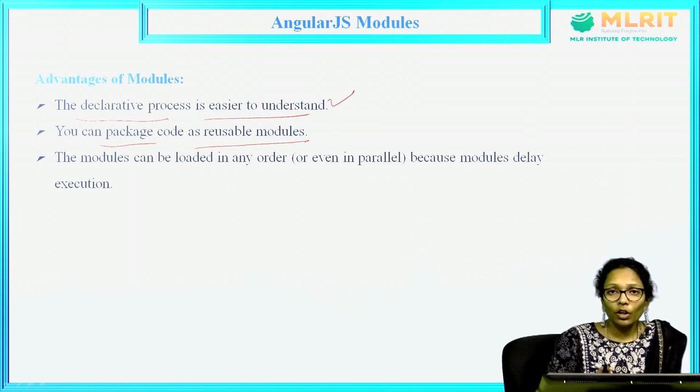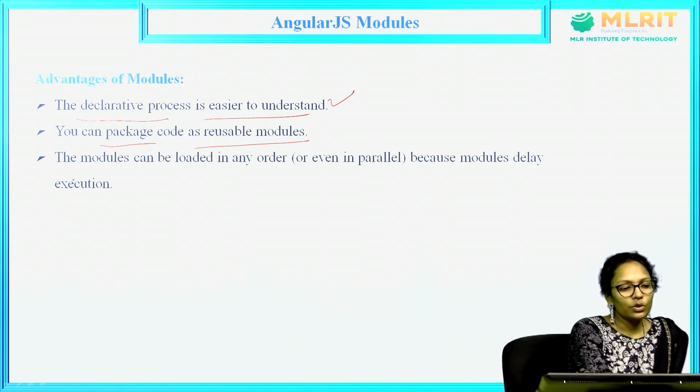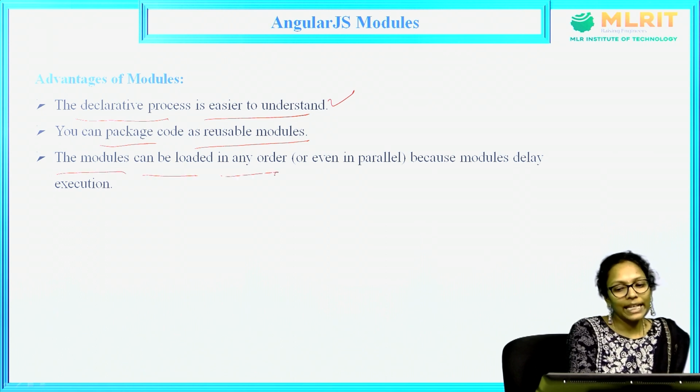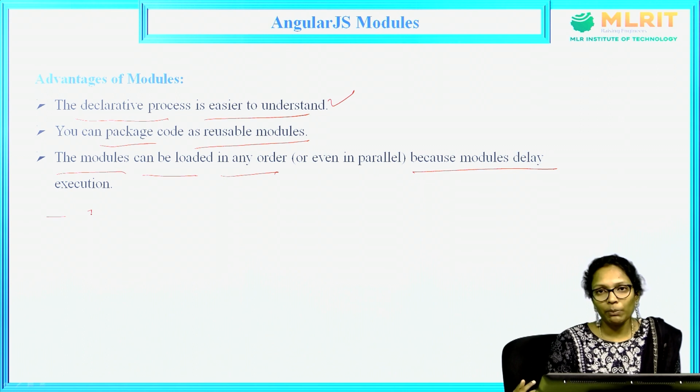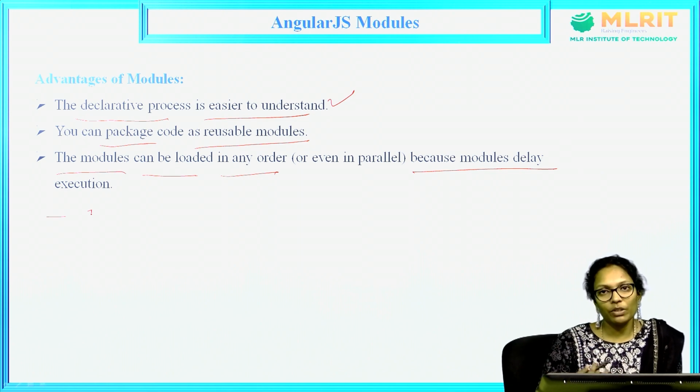You are not making packages here, but if you want to use your modules for future reference, then you can make them packages and use the modules in future programs also. The modules can be loaded in any order because modules delay execution. That means, for example, if you have 10 modules, in which order will they be executed? It may be in any order, so you can write in any order. Based on the given program, the execution will be decided.